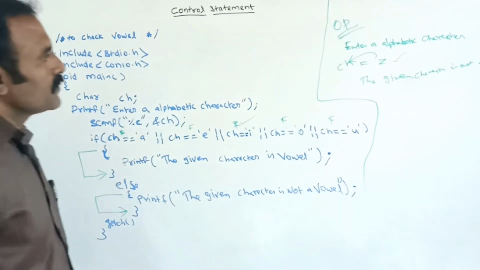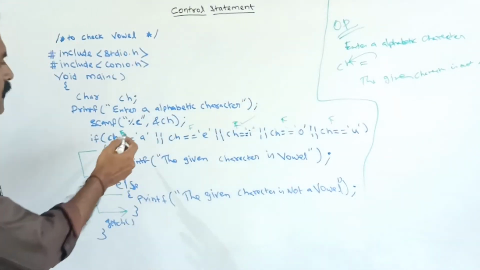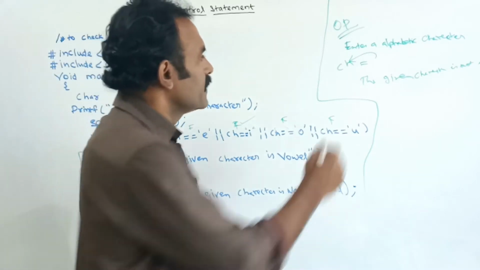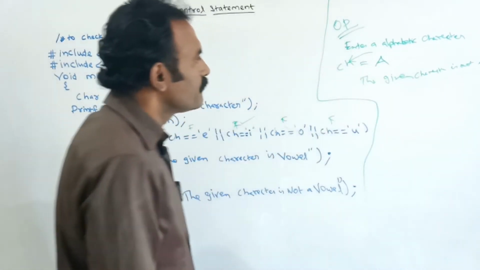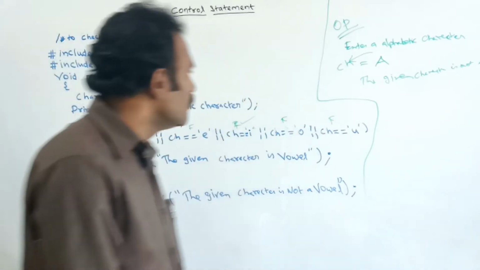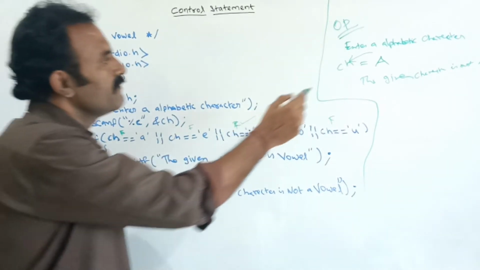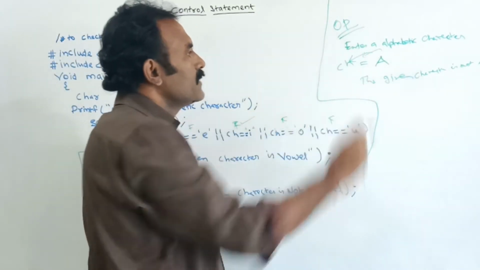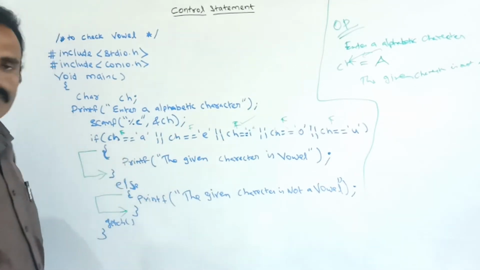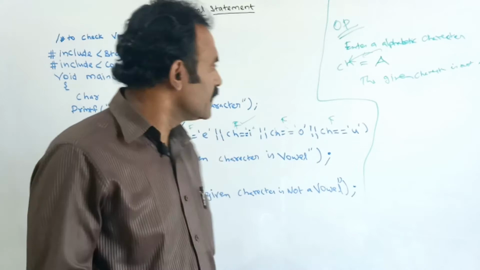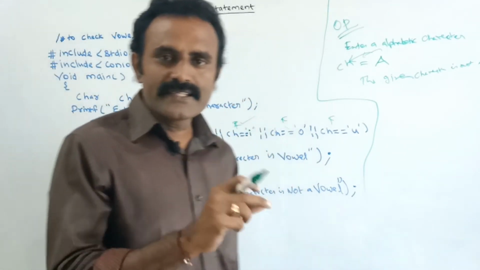See, suppose you are giving a value, this is case sensitive. Here if you are giving the capital letter A as input in upper case, this will be false, because while checking in the if condition a character or a string or anything, it should be accurate. This is case sensitive.